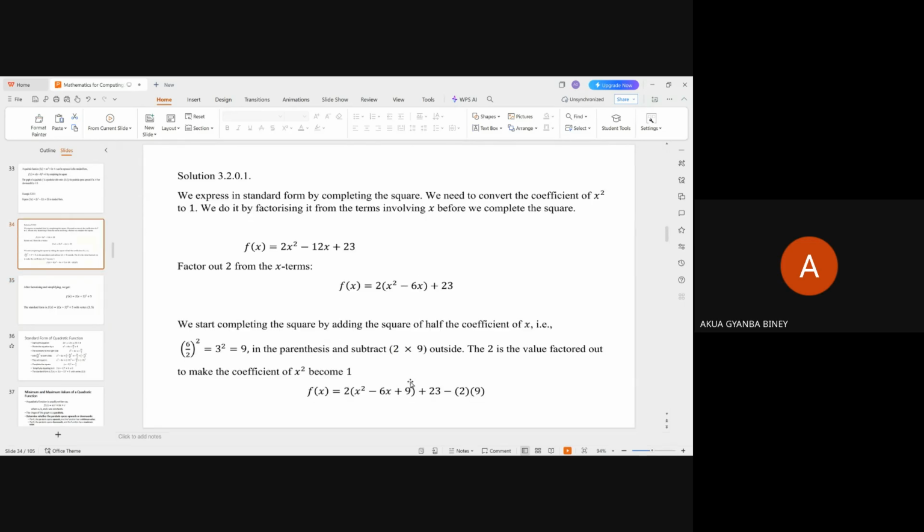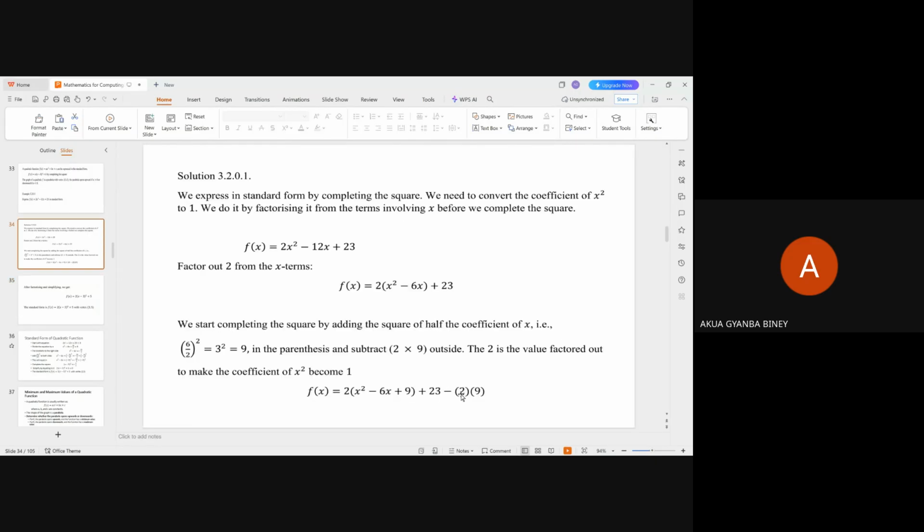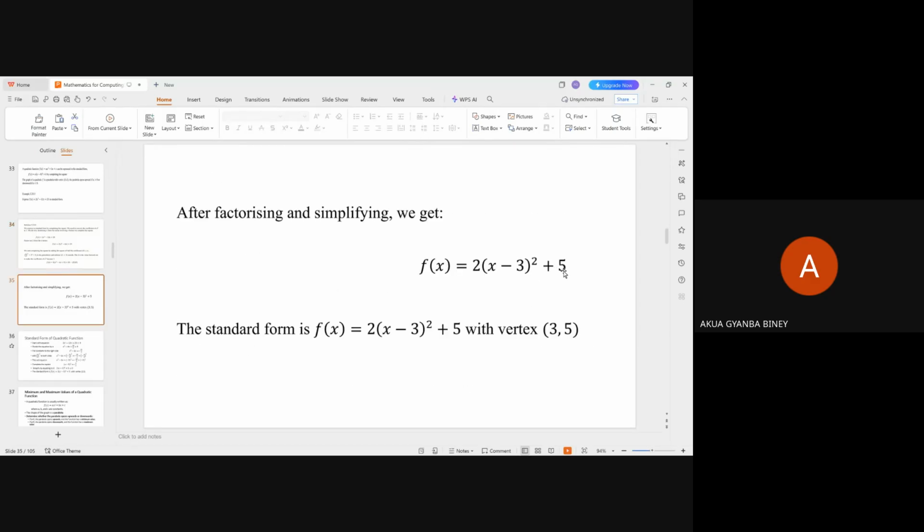So inside the brackets here, you have the 2. We factorize what was in here again. And now we have 2 times x minus 3 all squared plus 5. Plus 5 as a result of 23 minus 18. So we have factored it out.